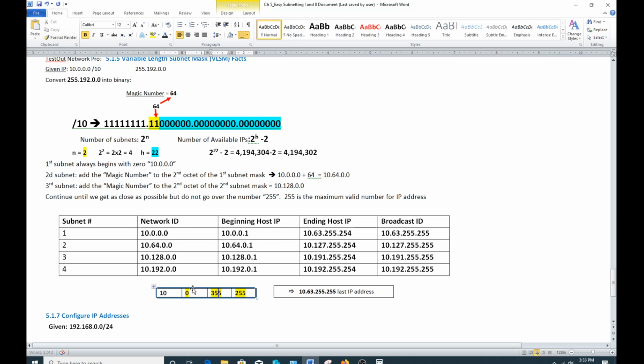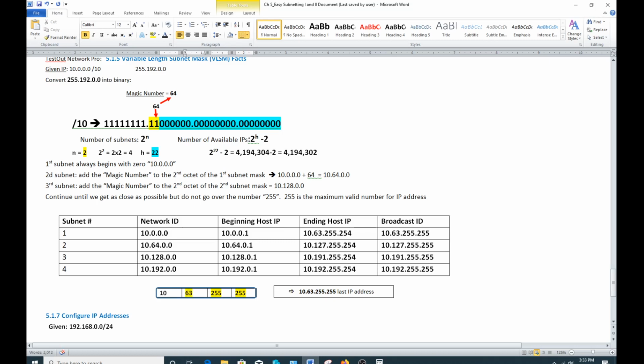Then the next value, which is right here, will increase to 1, and then start this one with 0 and this one with 0, and then 1, and keep on until this one gets to 255 and this one gets to 255. Then increase this right here to 2, and they keep on doing that until all the way to 63.